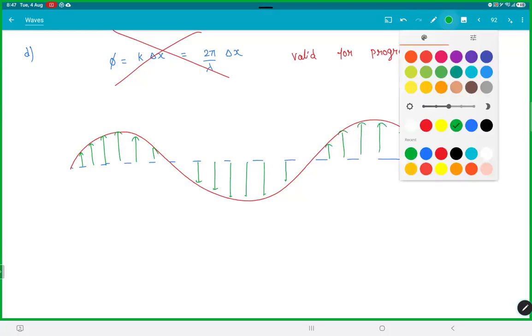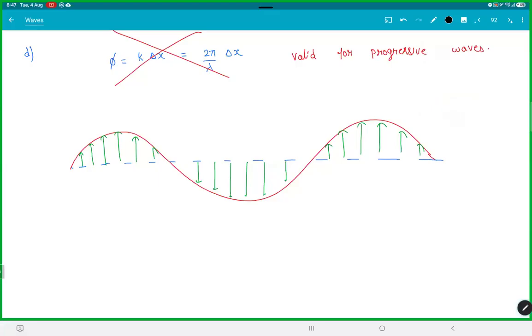So now what you need to check is where your point is. We know the length of one loop is 3 centimeters. So this was x is equal to 0, this was x is equal to 3, and this was x is equal to 6. So x is equal to 2 will be somewhere here. x is equal to 2.5 will also be somewhere here. And x is equal to 3.5 will be somewhere here.